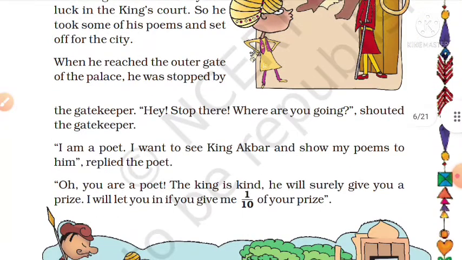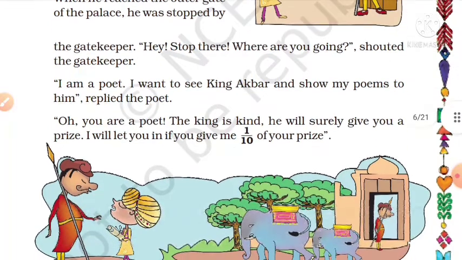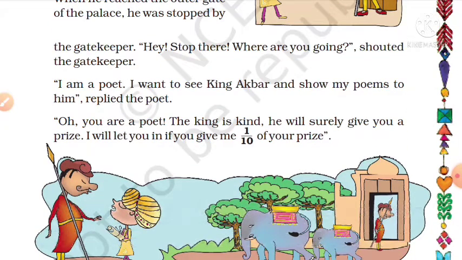Then Birbal replied, "I am a poet. I want to see King Akbar and show my poems to him." That means Birbal replied to the gatekeeper that he was a poet, and he wanted to see King Akbar and show his poems to him. Then hearing it, the gatekeeper replied, "Oh, you are a poet.